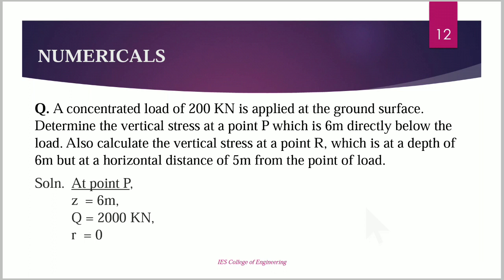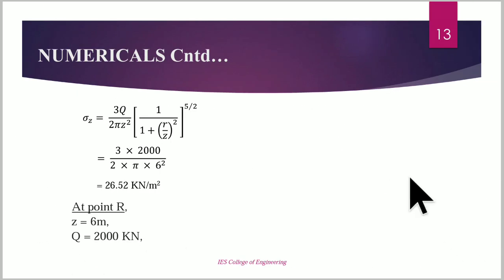Coming on to the first part of the question. At point P, depth Z is equal to 6 meter, load Q is equal to 2000 kilonewton, and horizontal distance R is equal to 0. Now, by applying the corresponding values to the point load equation, sigma Z is equal to 3Q by 2 pi Z square into 1 by (1 plus (R by Z) the whole square) the whole raised to 5 by 2.